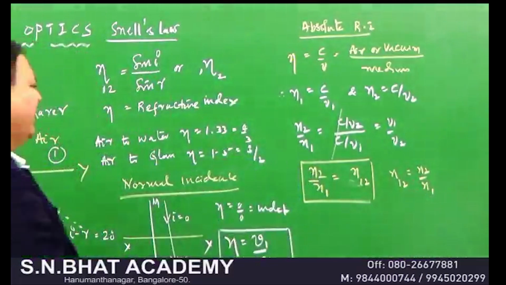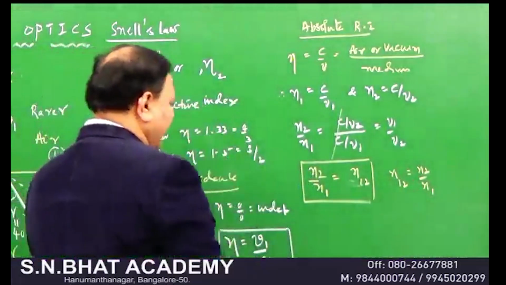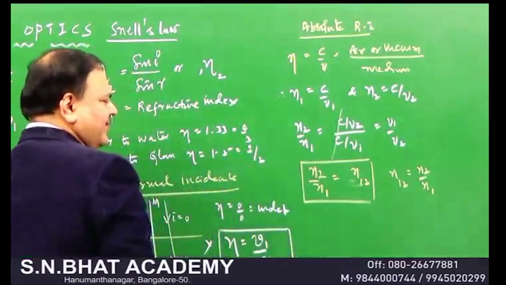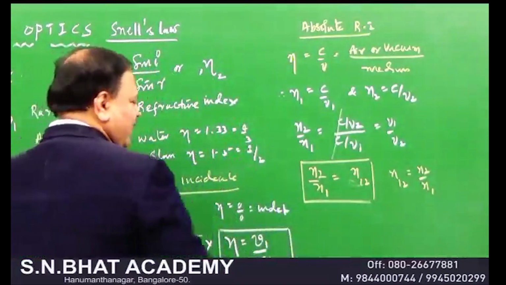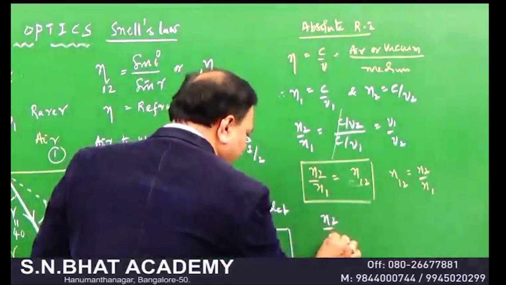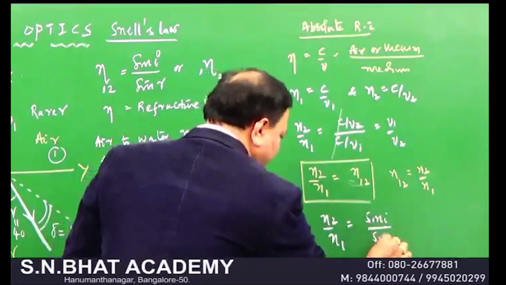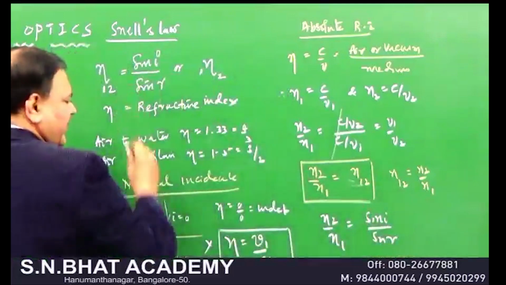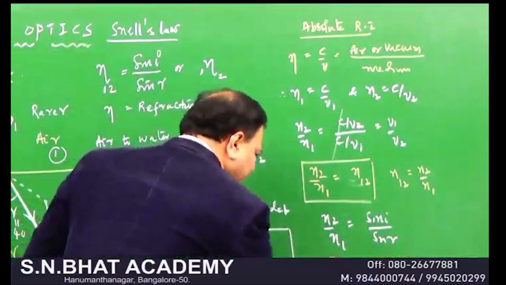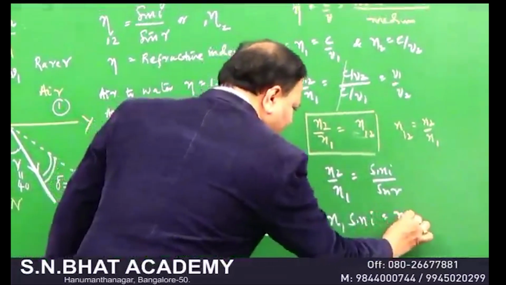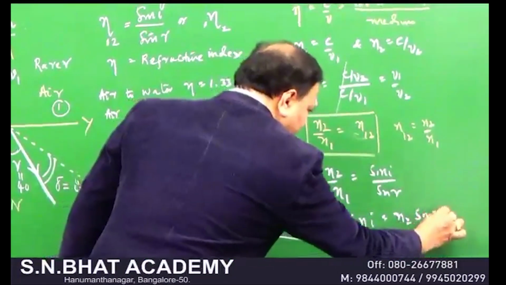And then in the place of n2 by n1, you can write it as sine of i by sine of r. Therefore, your n2 by n1 is equal to sine of i by sine of r. Therefore, the important relation that you are getting is n1 sine i is equal to n2 sine r.